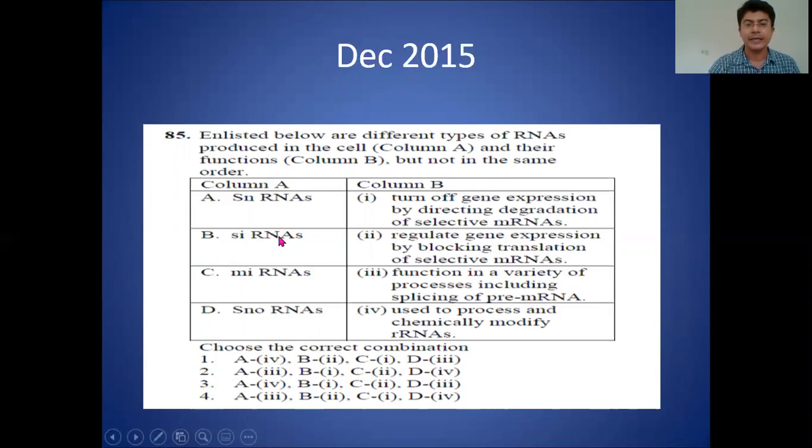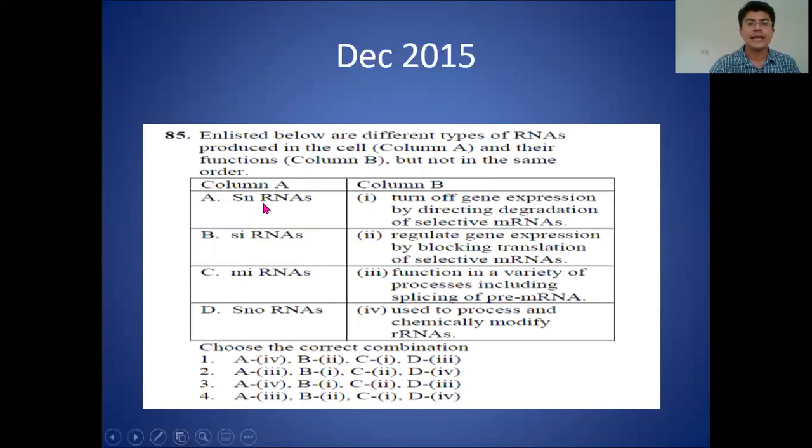So siRNA is the one in which they turn off the gene expression by directing degradation of selective messenger RNA, and miRNA, they block the translation of the selective messenger RNA. Okay, so this is the one. So you just identify B1 and C2. So these are the two options in which B1 and C2 are there. So then try to find out the other one.